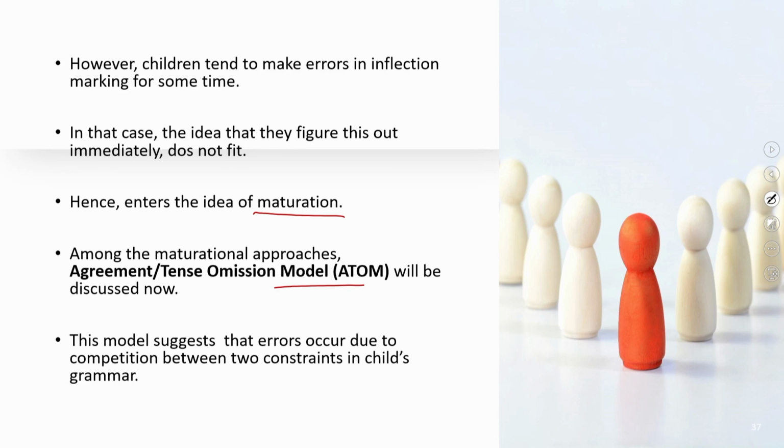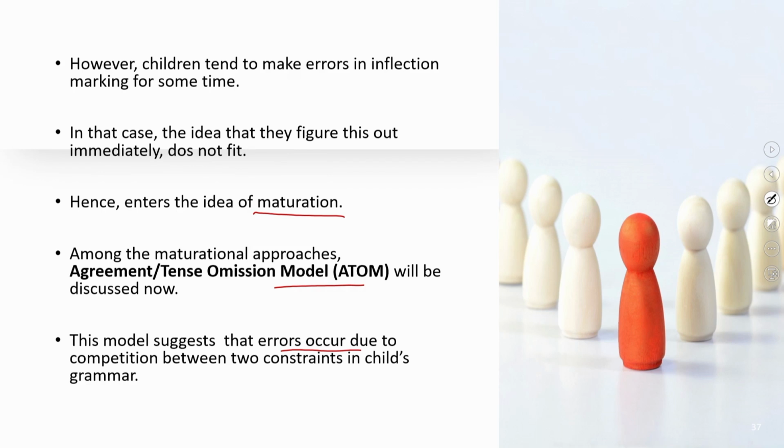This model suggests that errors occur due to competition between two different constraints in the child's grammar. The grammar is already in place, that we must remember, because it is innate. But there are two different constraints which oppose each other, and because of these two constraints, children make errors.